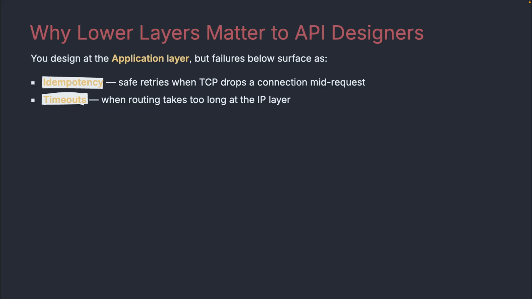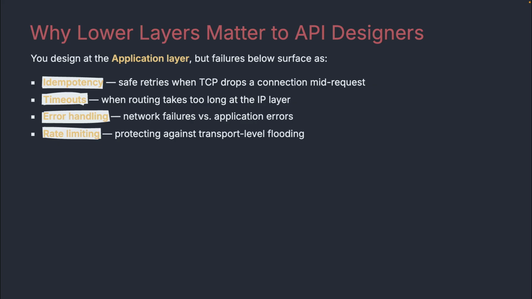Timeout happens when a packet gets stuck on the routing layer. It could be that it's too big and some intermediate process drops it. When you think about those timeouts, or when something is stuck, what do we do about them? We need to have error handling. Network failures happen, application errors happen, so we need to be careful with that. And rate limiting: we need to protect from spam or flooding on the network.